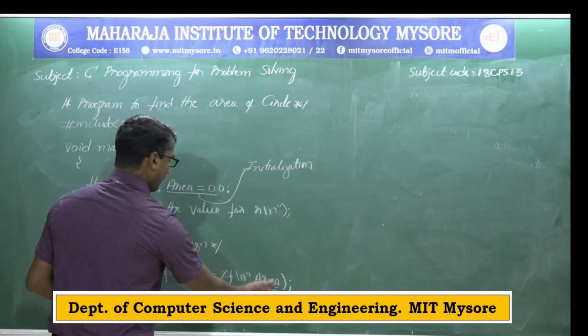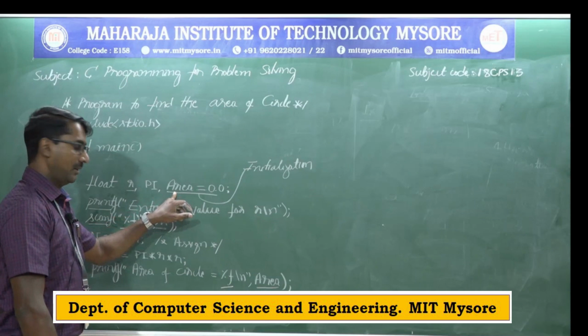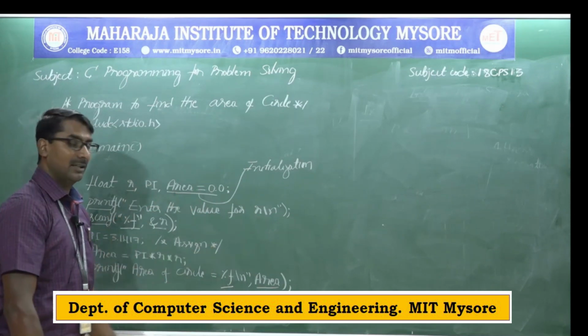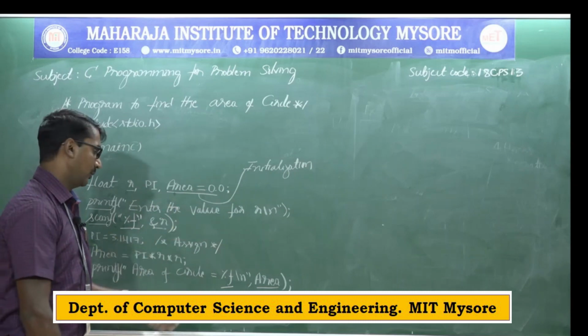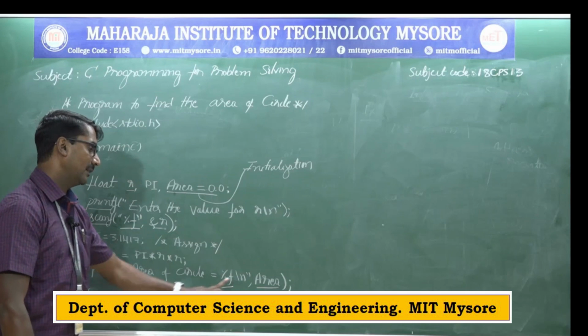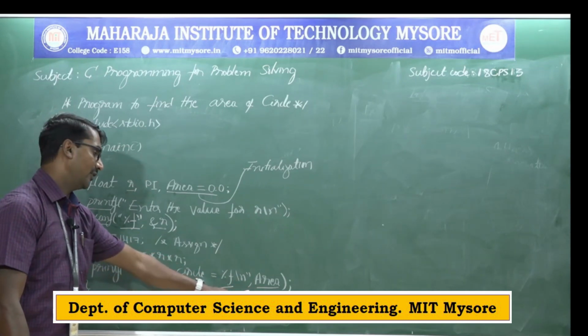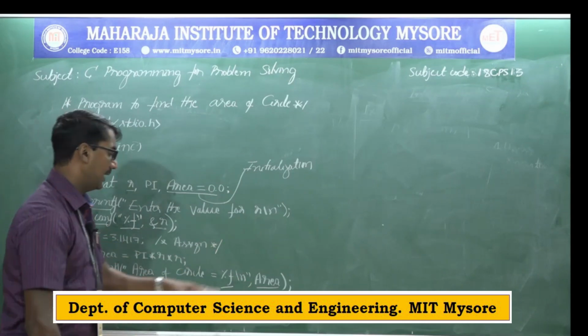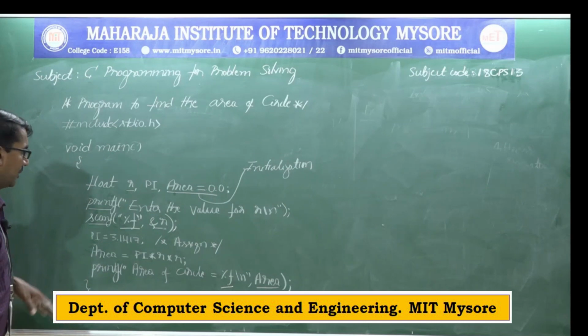The variable area is of type floating point. So here I am displaying the value of the variable area. Area is of type float, so here we use %f to indicate the variable data type is float. So now it will display the value of area on the computer monitor.